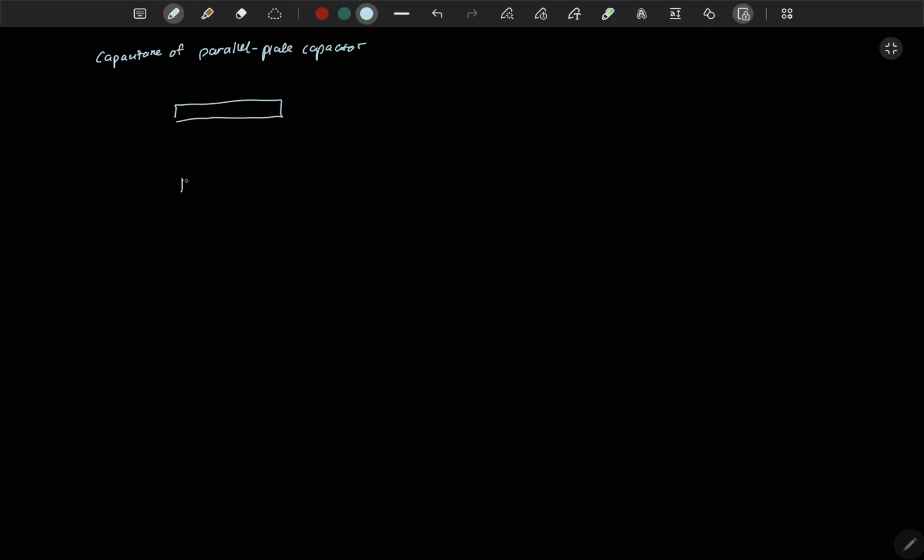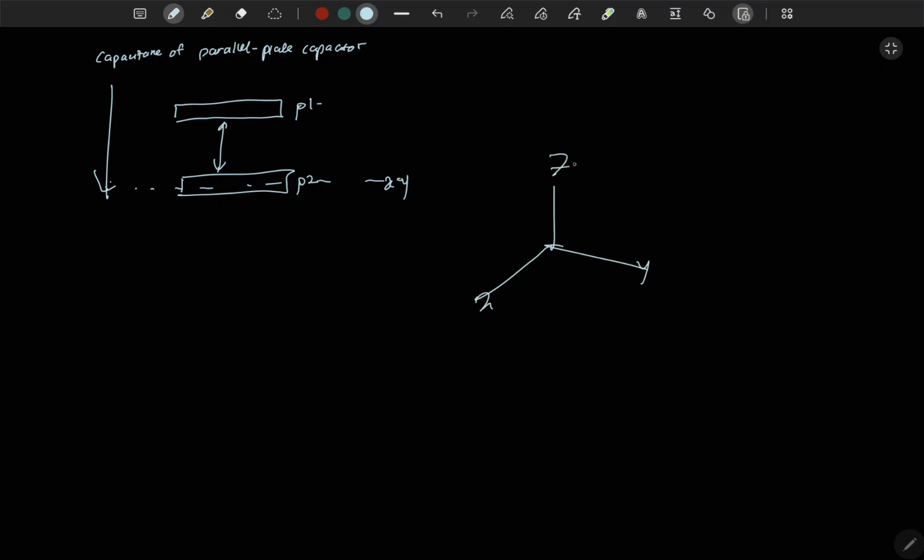The definition of a capacitor is two conducting bodies, plate 1 and plate 2, with a non-conducting medium in between, here the air. Assume that P2 is in the XY plane in a 3D space, with X, Y, Z, where Z is 0.